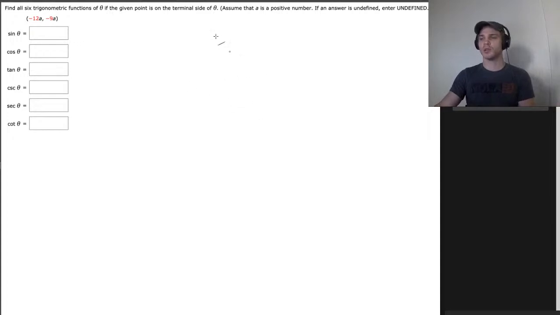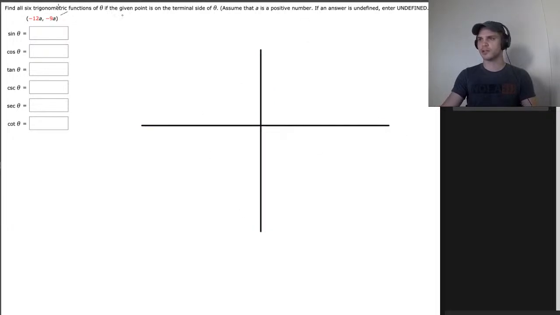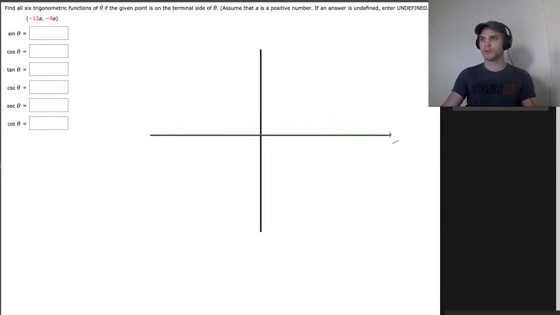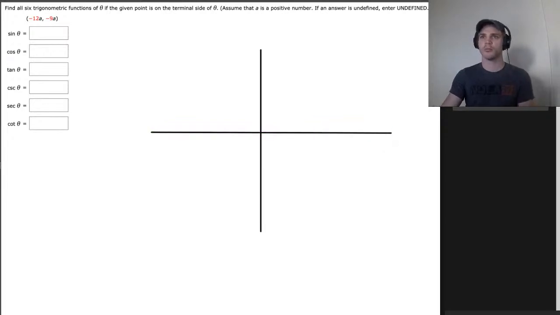So let me go through this whole rigmarole of drawing some axes again. Okay, here's some axes. All right, that's good enough. And then what do we want? We want to plot this point negative 12a, negative 9a.